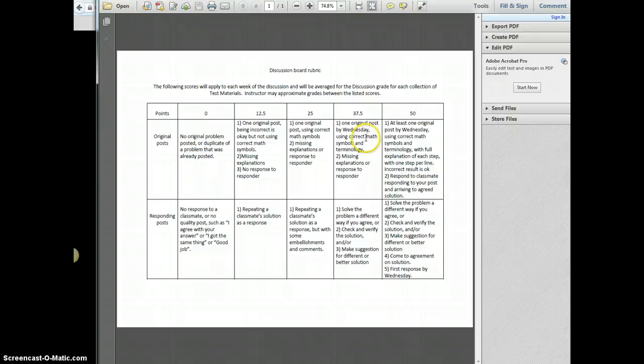So I do include a rubric for original posts and responding posts, and normally I'm looking for solving a problem a different way or verifying the result, coming to an agreement, and I need to have a response by Wednesday or an original post by Wednesday of each week, and then at least one other post.